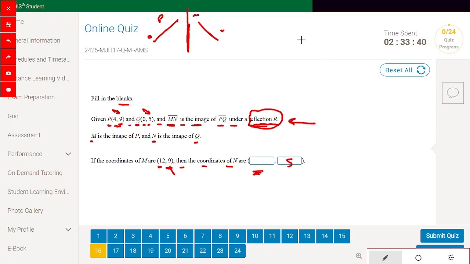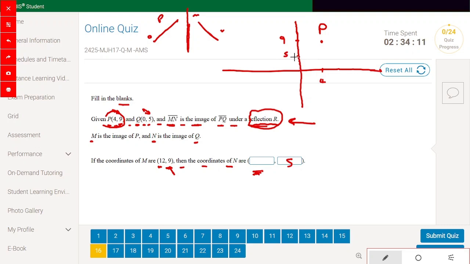To understand more, let's draw the points and see how we can solve it. Now, let's draw point B. It's (4, 9). So let's say this is x = 4 and this is 9. So this is point B. Now point Q is (0, 5). So let's say this is 5.